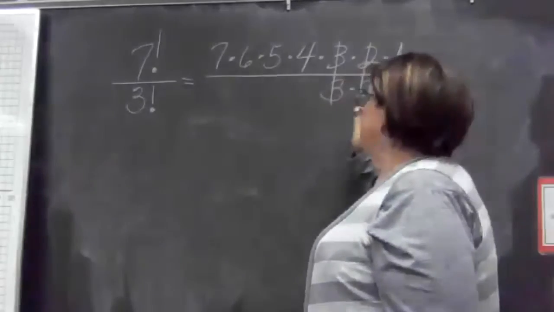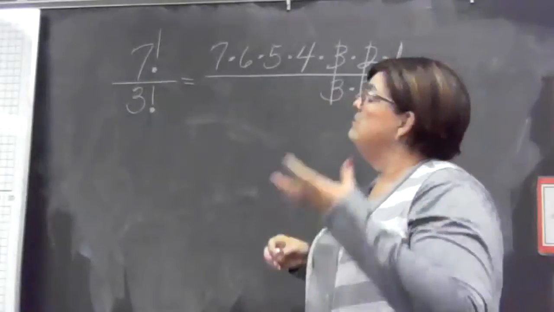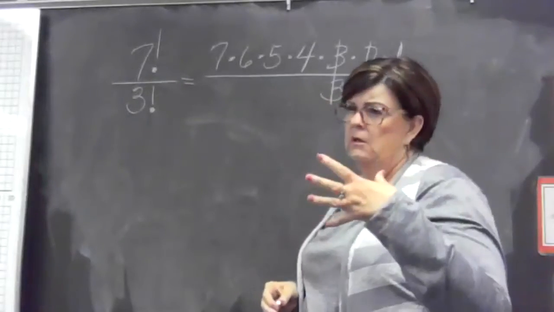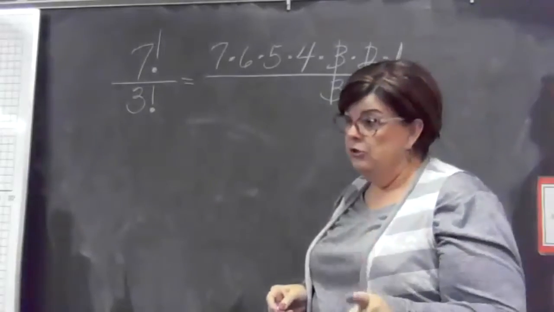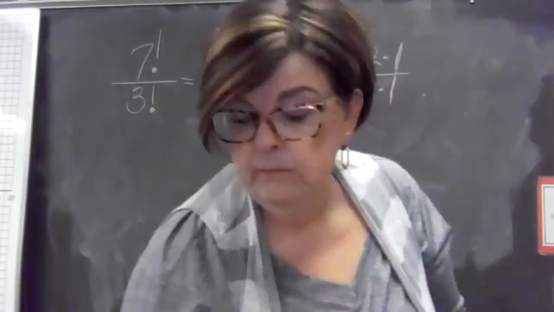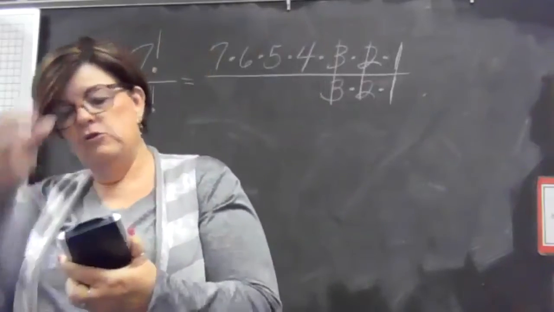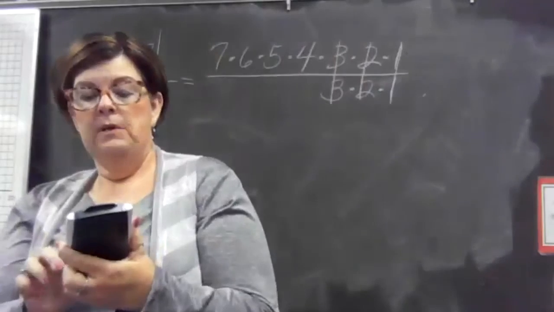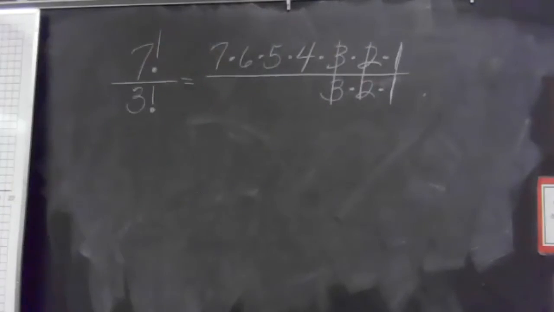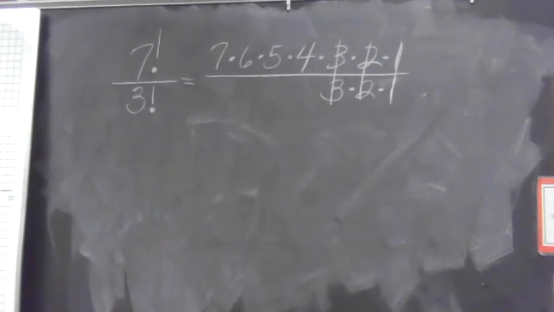So if you have this idea in your head, you might be able to develop something that helps. You can actually do it here. You can do the 7 factorial. We're going to do 7 probability factorial. Which one's the factorial?